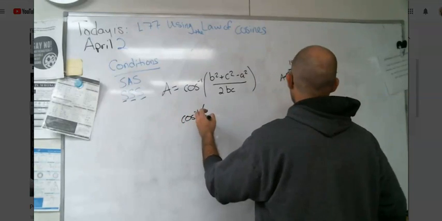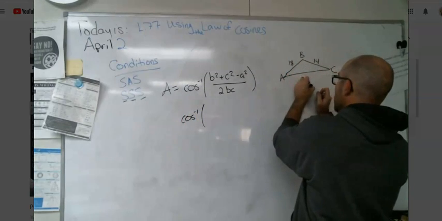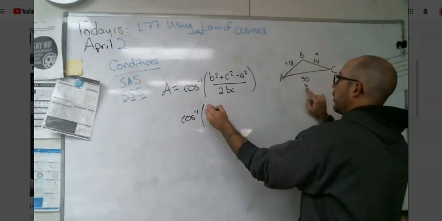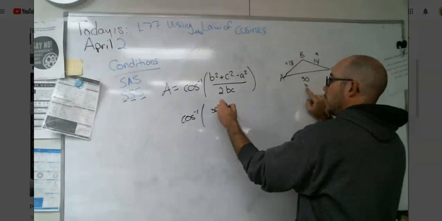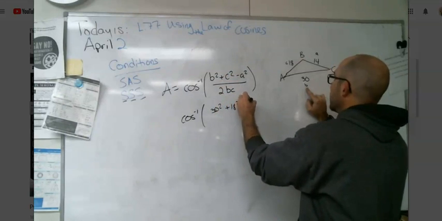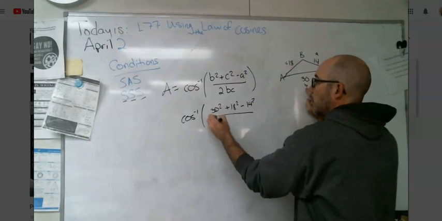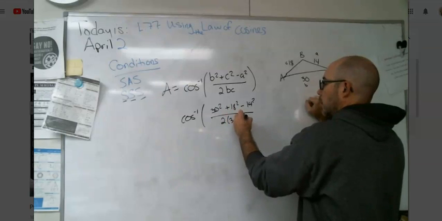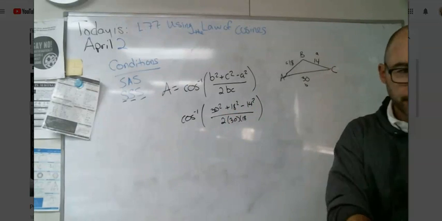Inverse cosine of, this is B, and then this is C, and that's A. So we're going after 30 squared plus 18 squared minus 14 squared over 2 times 30 times 18.